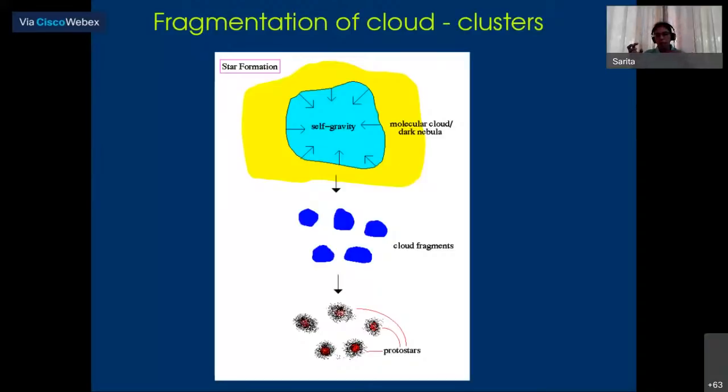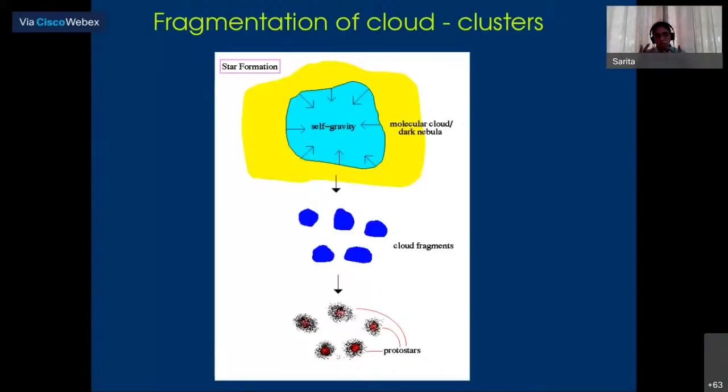These are cloud fragments, and as one undergoes collapse, if you want to see the sequence of steps leading to the formation of a star, I will tell it in a few simple steps. Once it starts to undergo collapse, what happens at the center? The gravitational potential energy is converted to thermal energy, and the temperature rises.